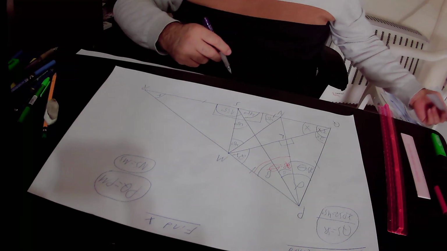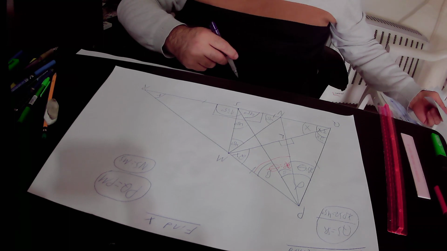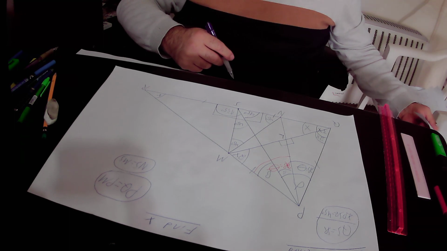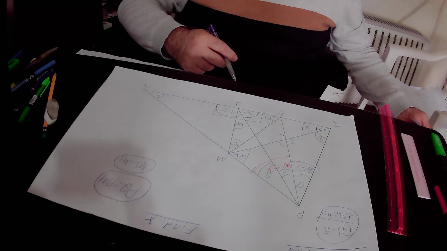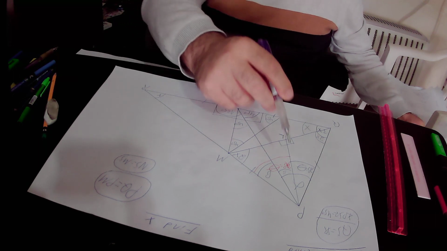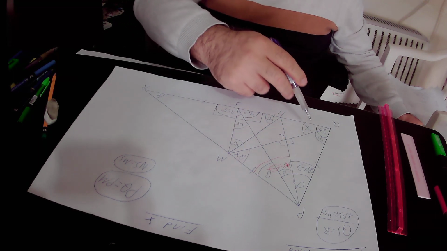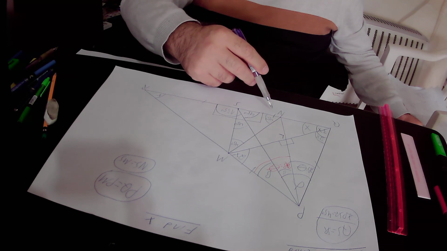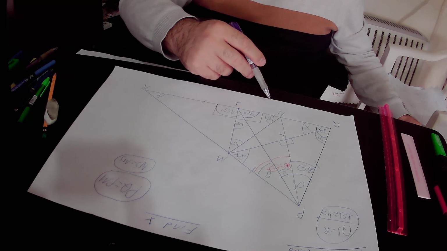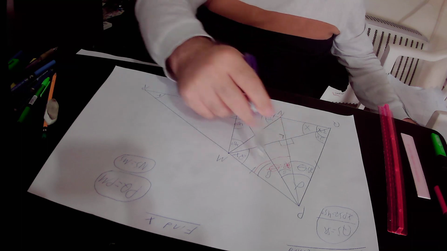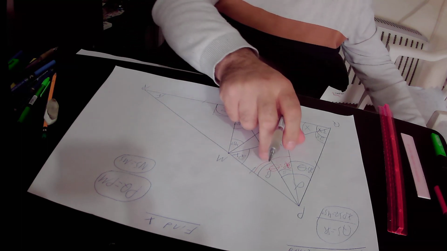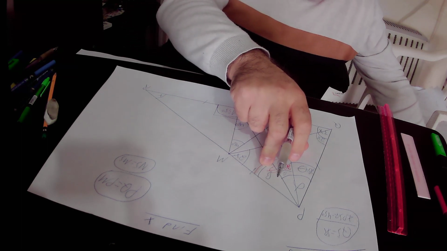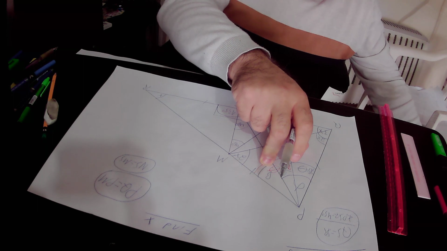And in the next step, we will prove that triangle PQN is congruent to triangle PNM. So I will draw those two triangles together and we will prove that they are congruent to each other.